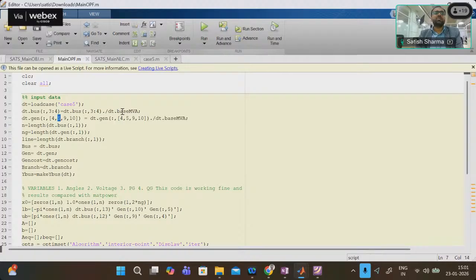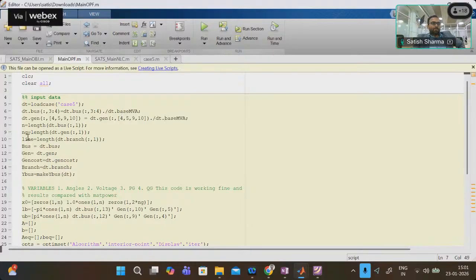So reactive power maximum and minimum is available here. Then in the ninth column we have Pmax, which is the active power generation maximum limit, and then the active power generation minimum limit at the 10th column. So I have divided everything with the base MVA and converted everything into the per unit system. Okay, so all are basically on the same scale now.